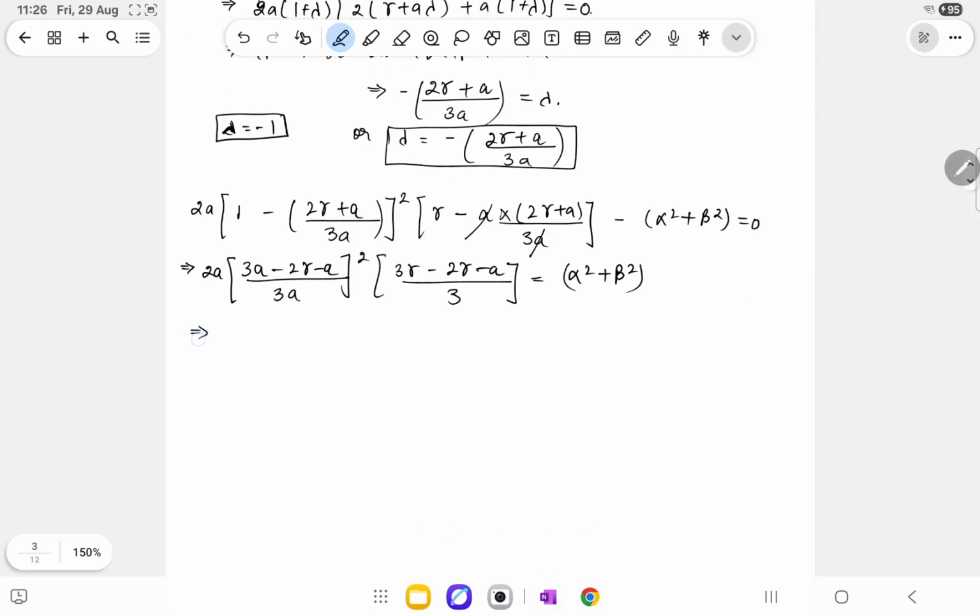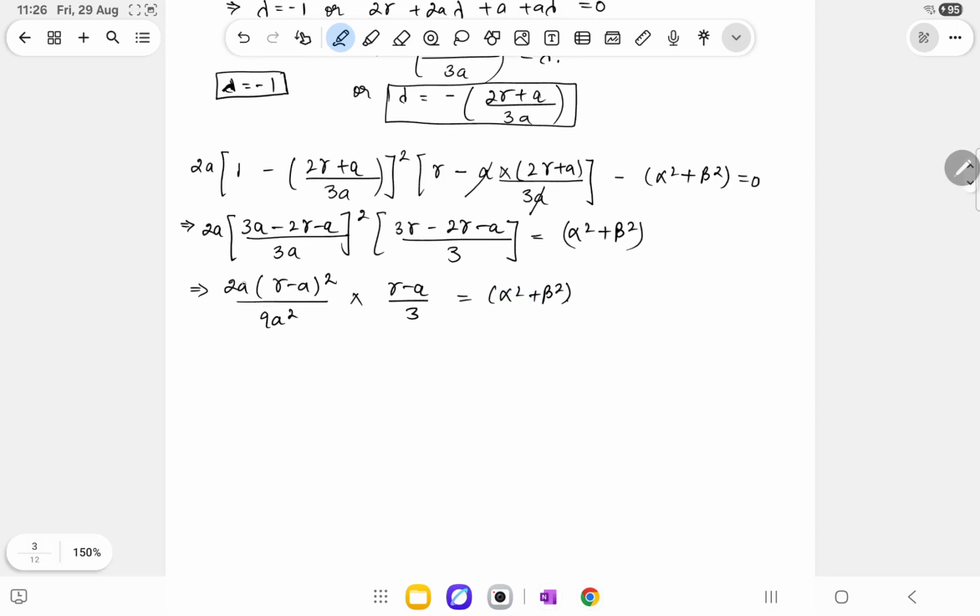If I simplify it further, I'll get 2a into gamma minus a square upon 9a square, into gamma minus a upon 3, is equal to alpha square plus beta square. If I simplify it, I'll get gamma minus a cube.